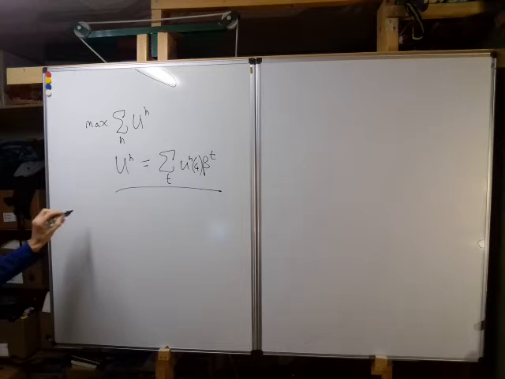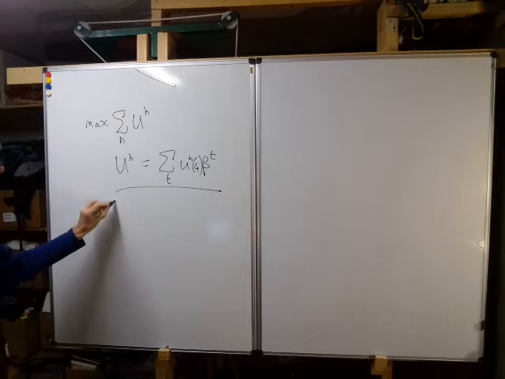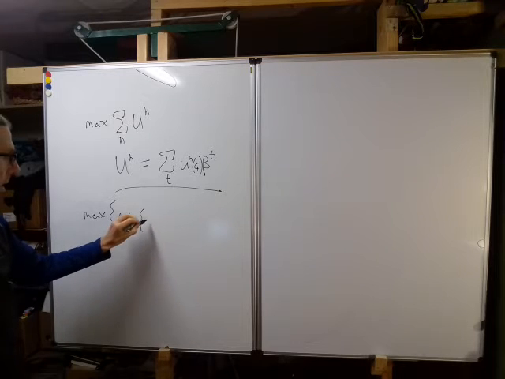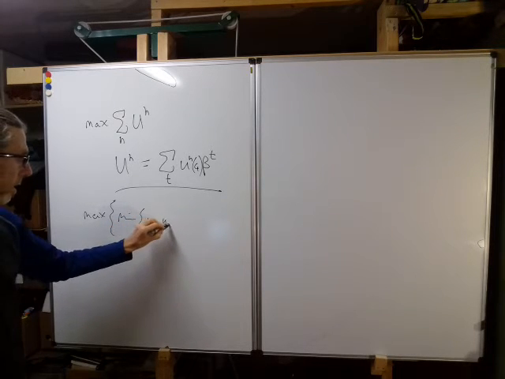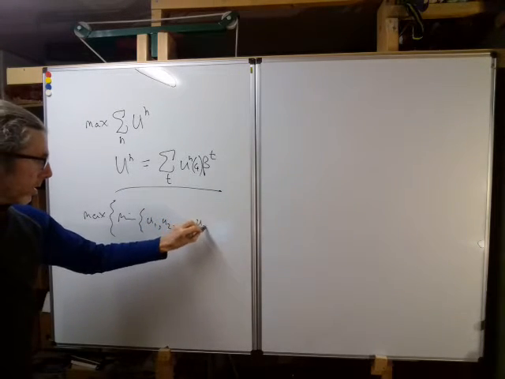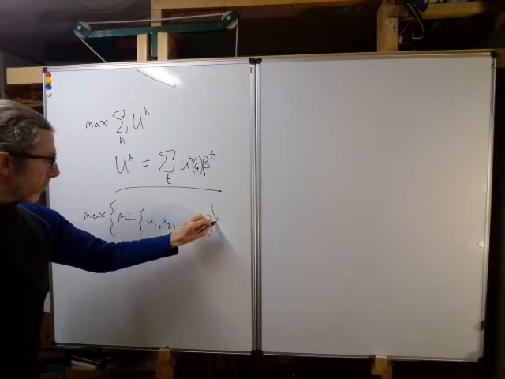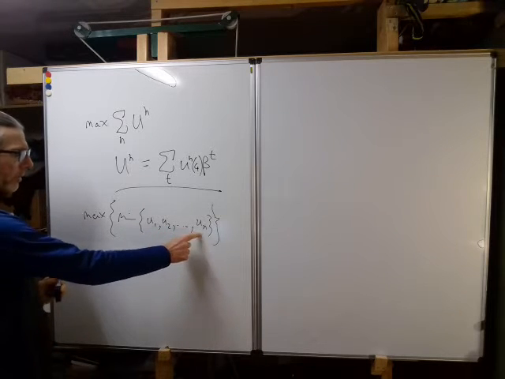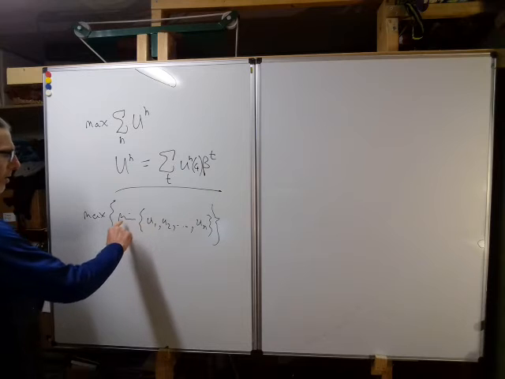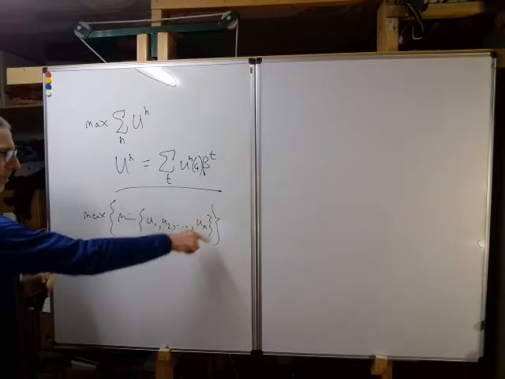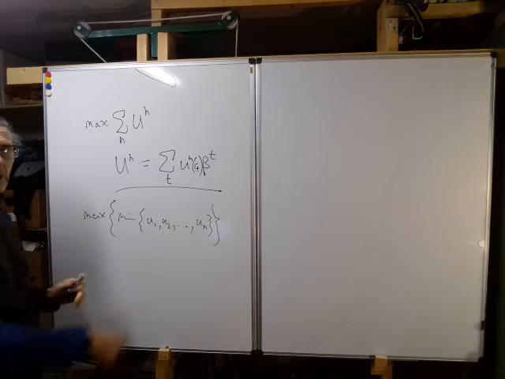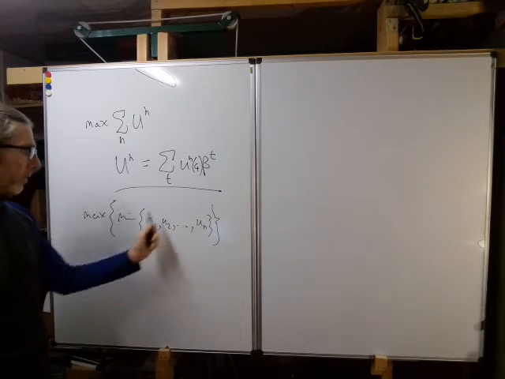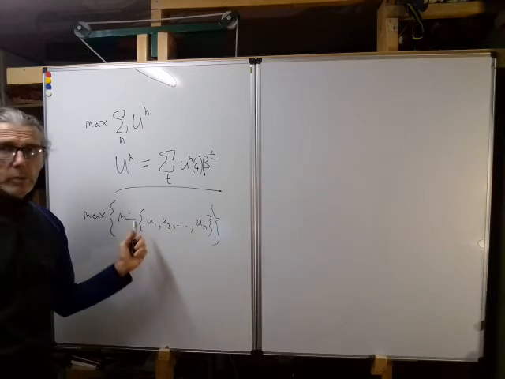But Rawls said we want to maximize the min of U1, U2. So if this is each individual's utility, the min of that is the smallest element. We want to maximize the smallest element. So Rawls said we should try to organize society to maximize the utility of the person with the least utility.